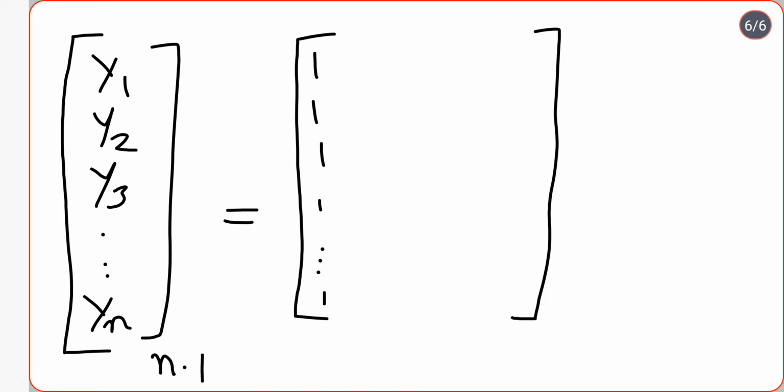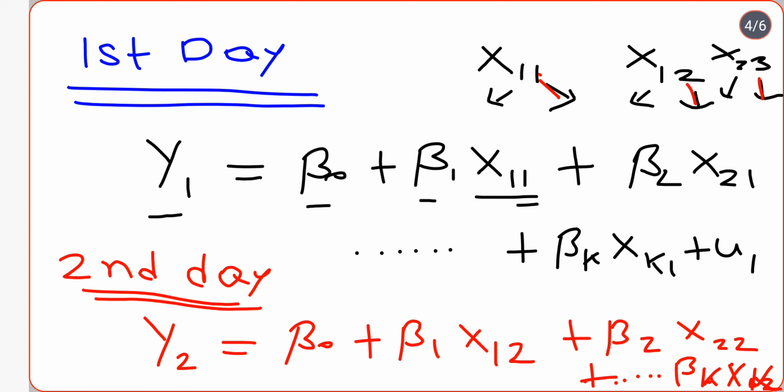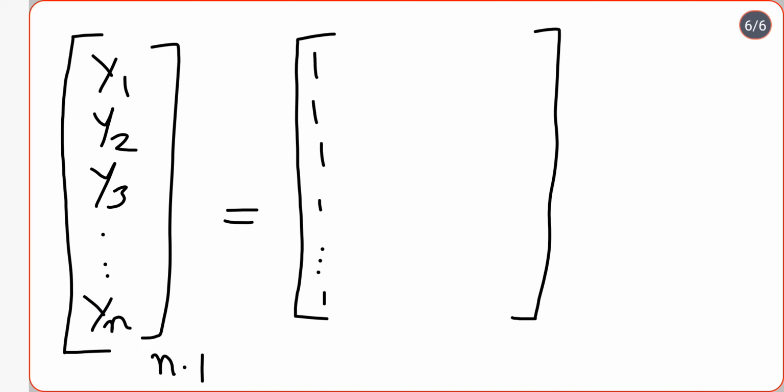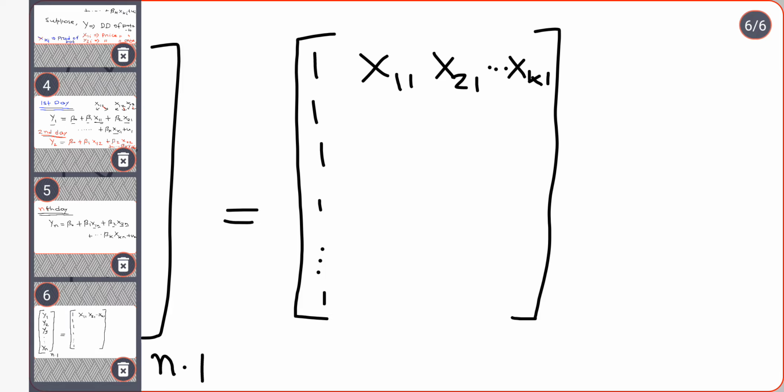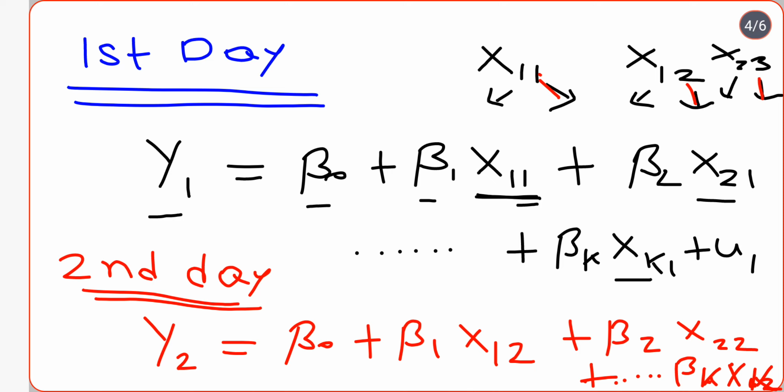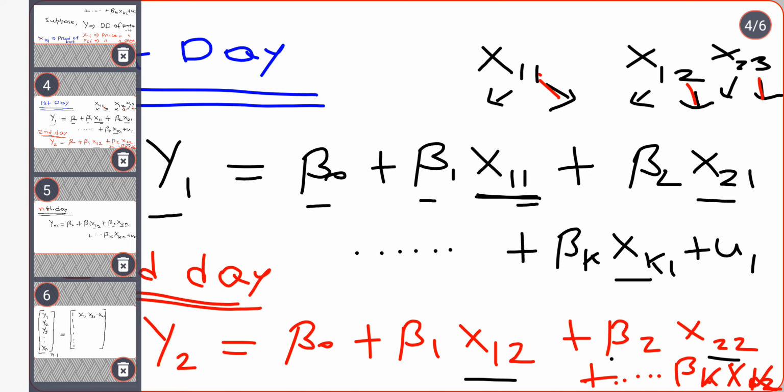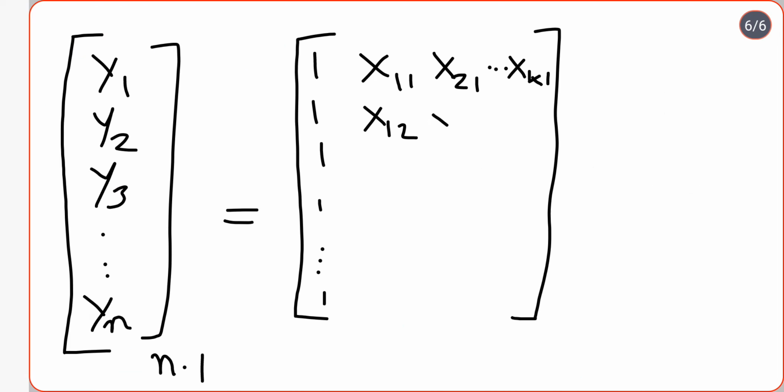Now, what was basically the first equation? The first equation was having the independent variables x11, x21, xk1. So we have to just take the independent variables x11, x21 and then xk1. Similarly, what was the equation on the second day? On the second day we have the independent variables x12, x22 and xk2.